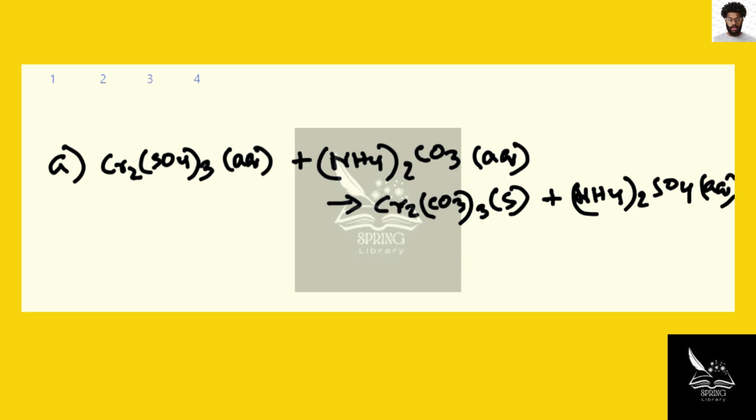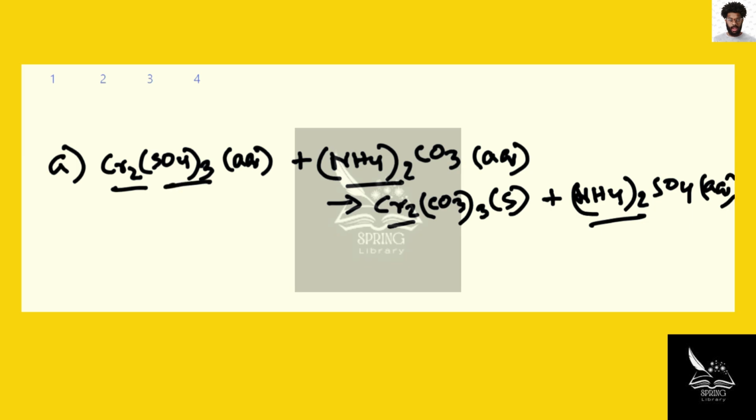Now we have to balance the equation. Let's first balance the metals. So we have two chromium here, two chromium here. Then if we go for the cations, we have two ammonium here and two ammonium in the product.